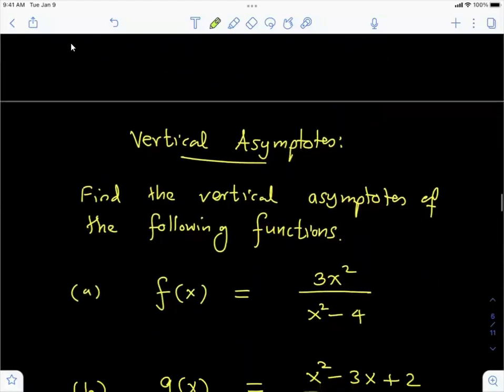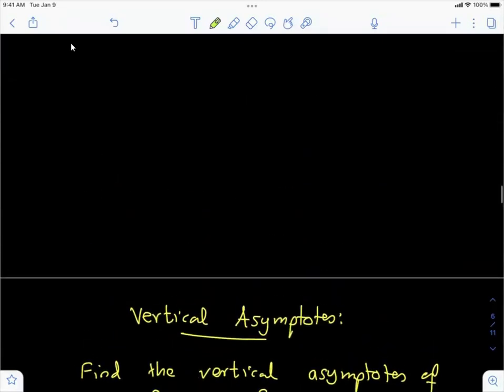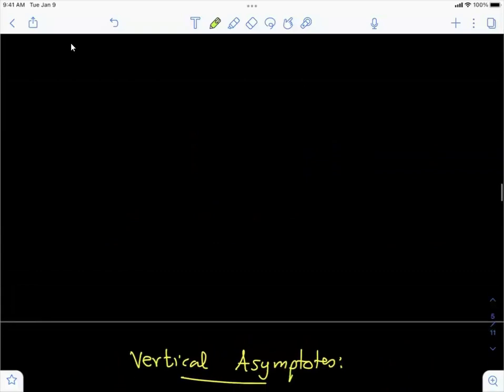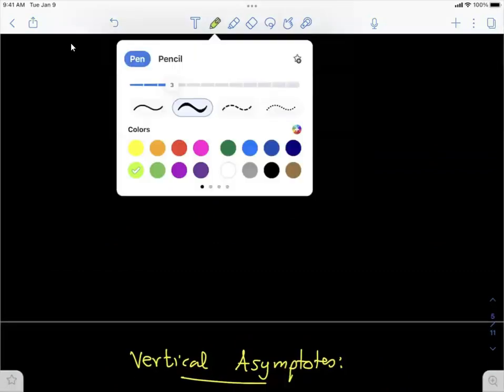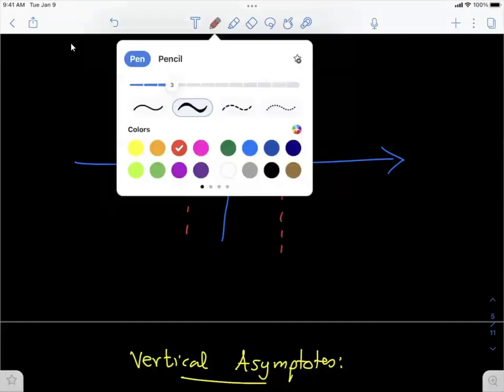So now let's talk about the concept of vertical asymptotes. We talked about vertical asymptotes already. The vertical asymptotes are exactly this kind of behavior of a graph. When you have a graph, there could be situations where the function is undefined at certain points.